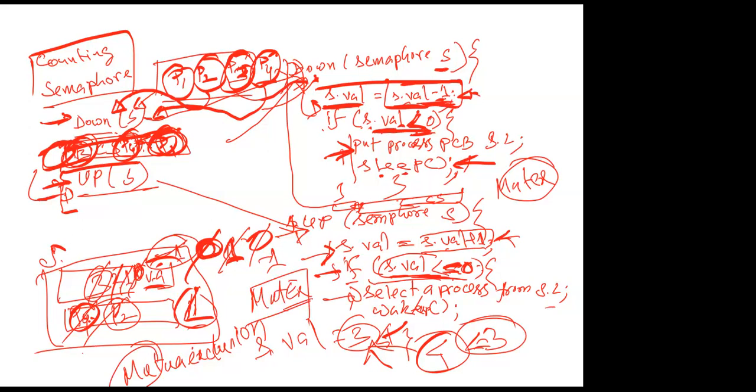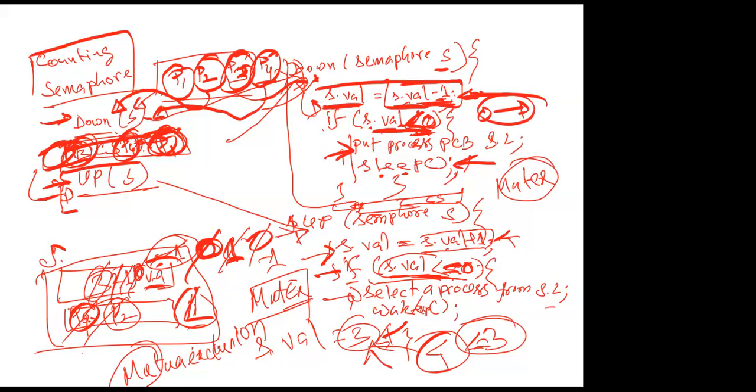Here is something you need to know about counting semaphores. When the semaphore value is positive, there is a space inside the critical section. When the value is 0 or any positive value, it means there is one spot for entering this critical section.